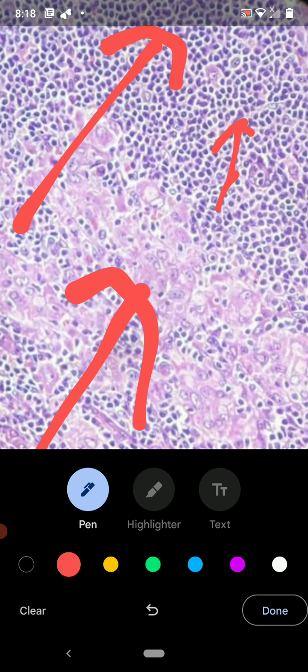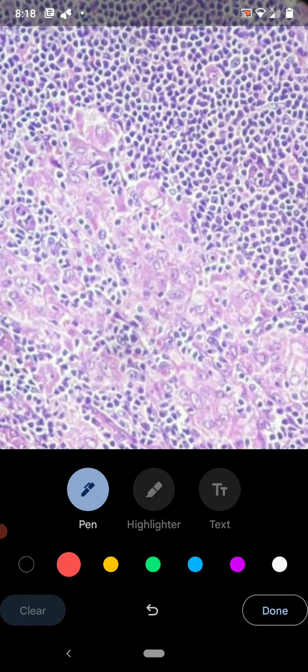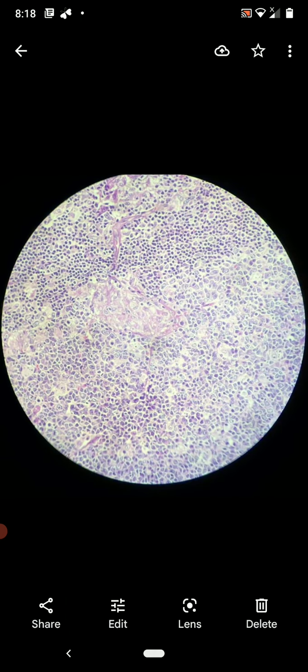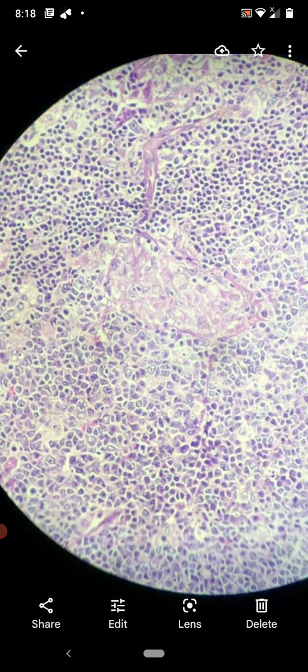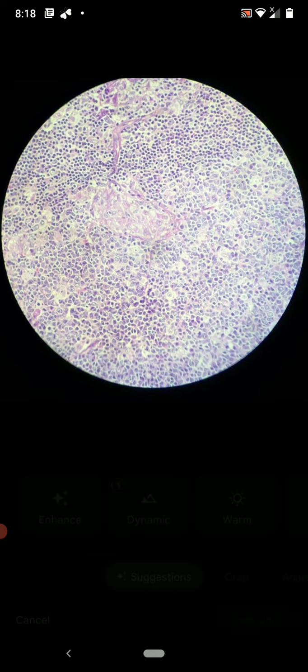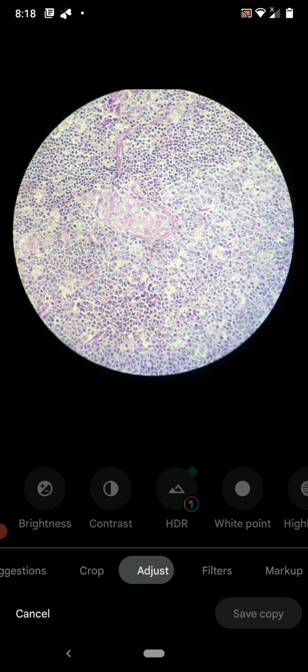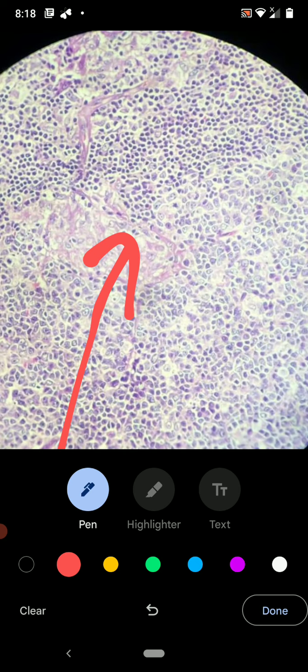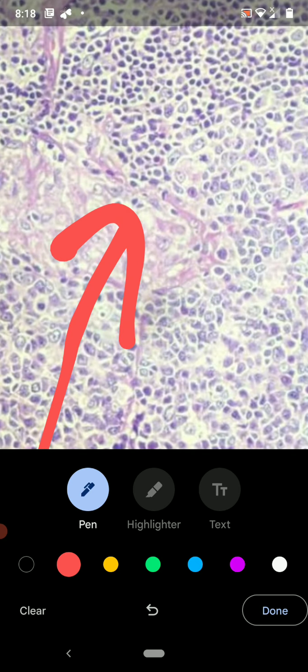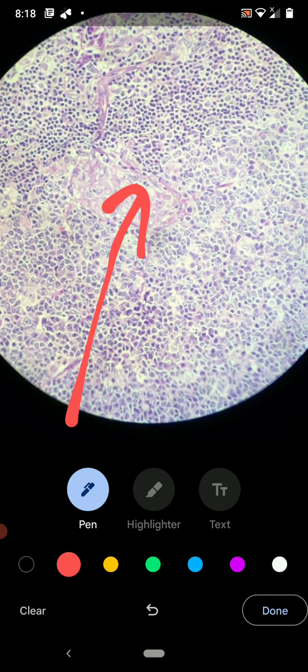B cells since they express CD20. Now here again we can appreciate clusters of epithelioid histiocyte with abundant eosinophilic cytoplasm, indistinct cell border, oval to elongated nucleus, and they are involving the germinal center here because we can see these dispersed cells, the cells with a dispersed chromatin.